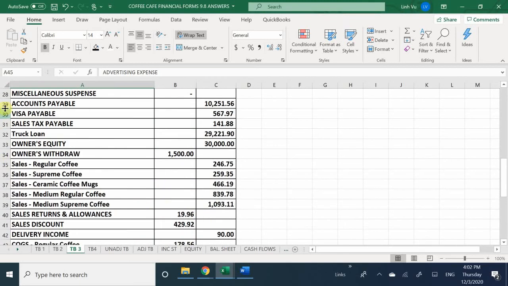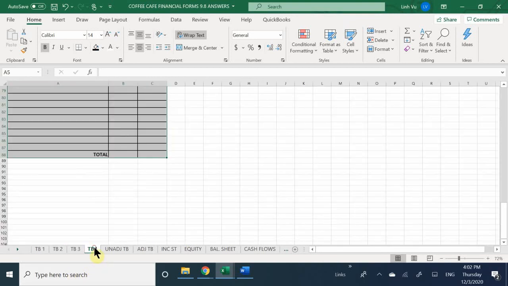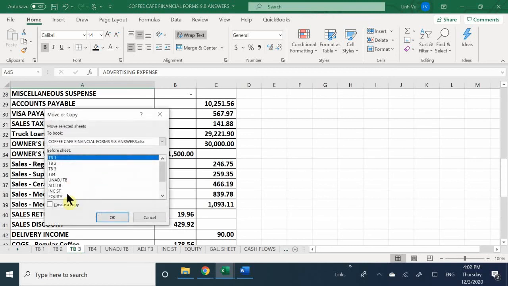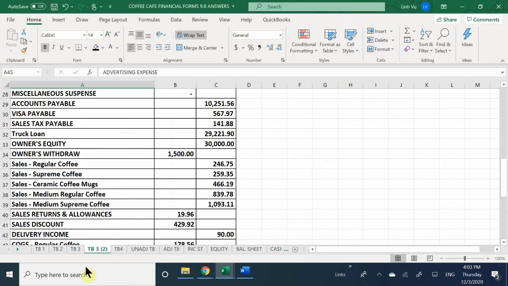I want you to copy everything over into your trial balance number 4. For Robin, the easier shortcut is to simply make a copy of the actual worksheet and place it where it says trial balance 4. I'm going to select this little check mark to make a copy and click OK.